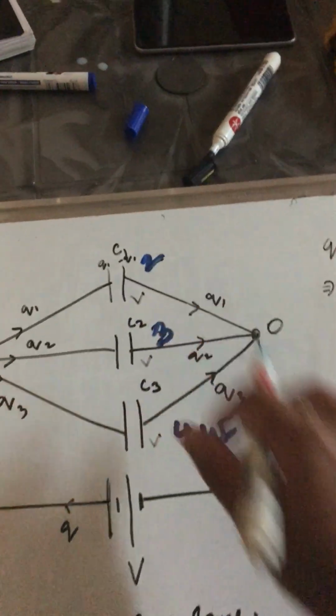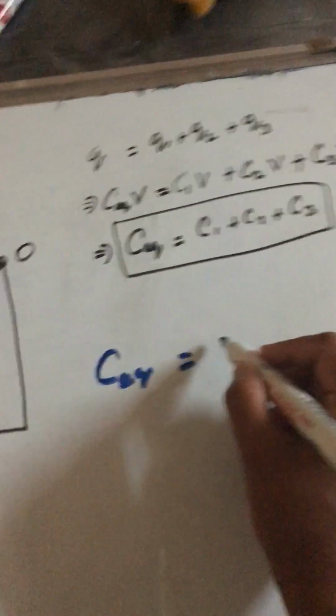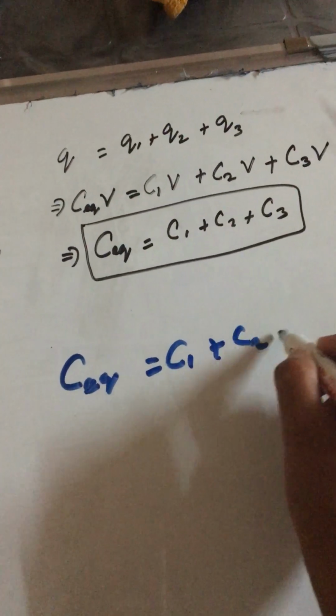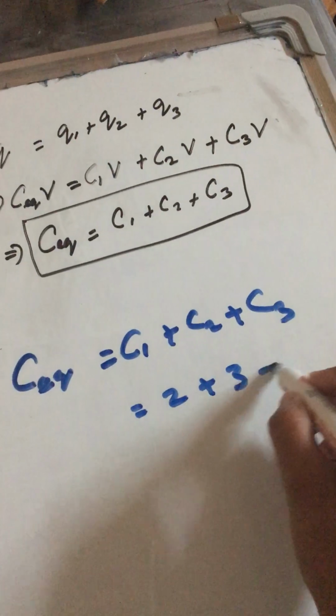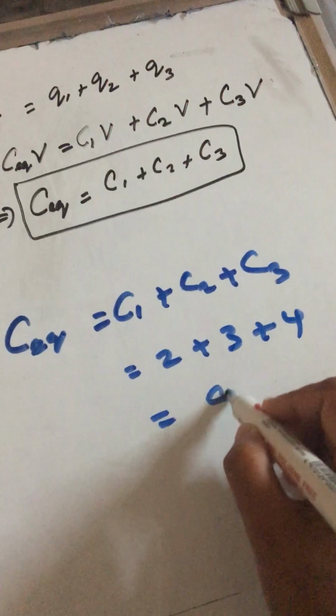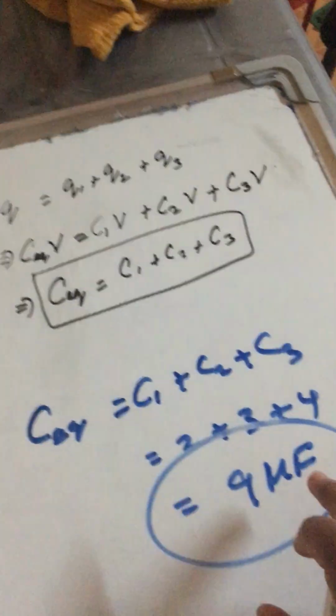Then what is the equivalent capacitance? C1 plus C2 plus C3, directly addition, nothing else to do. So 2 plus 3 plus 4 is 9 microfarad.